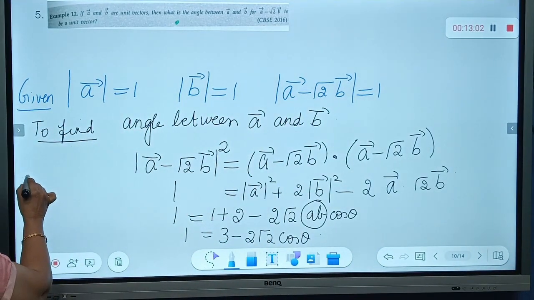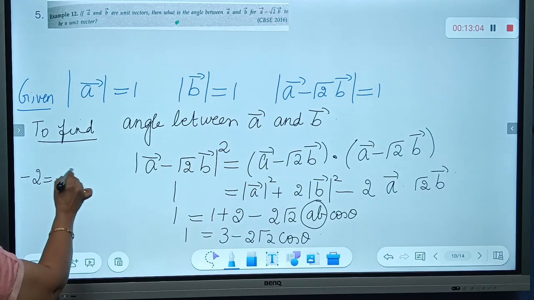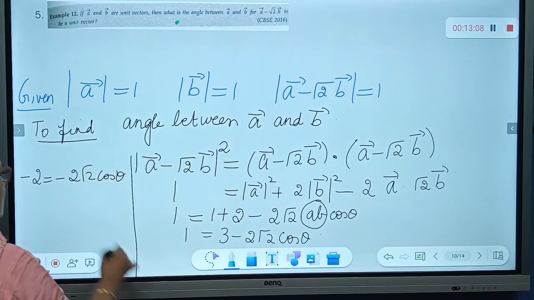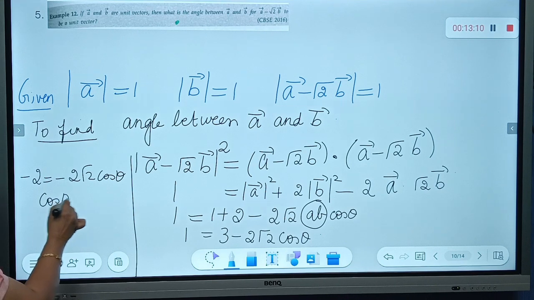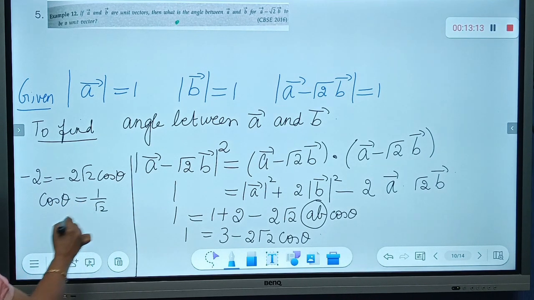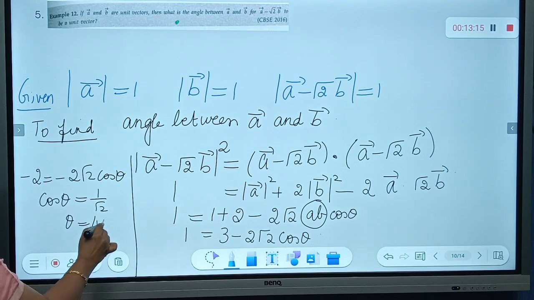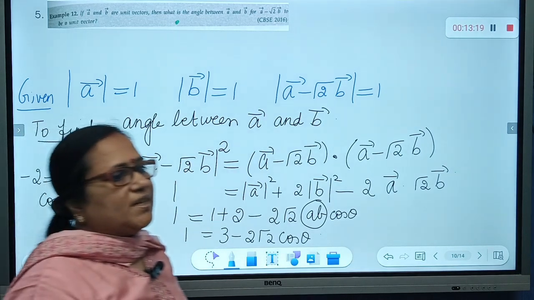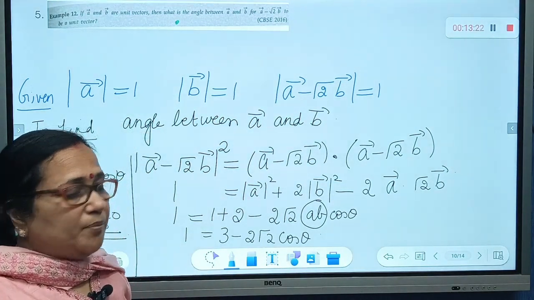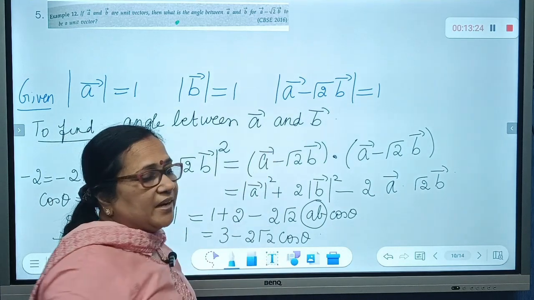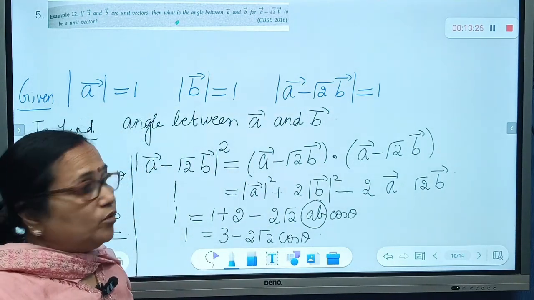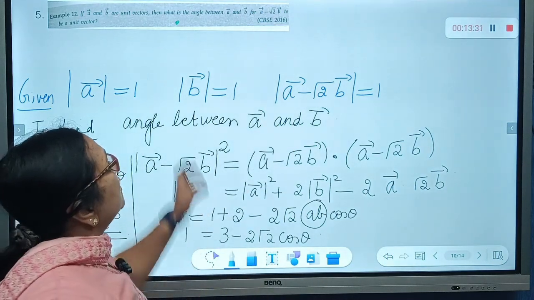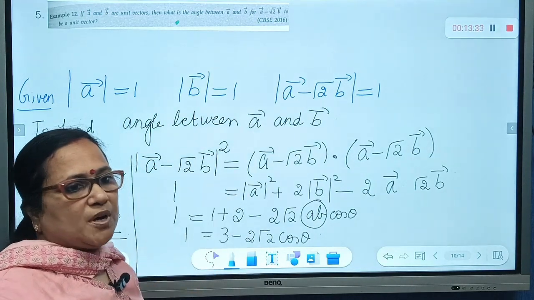So, minus 2 is equal to minus 2 root 2 cos theta, which implies cos theta is equal to 1 by root 2, or theta equal to 45 degrees. So, this is the technique in the last 3 sums that we have been doing. Whenever you encounter a sum or difference of two vectors, look at its square. When you simplify that, then solving such problems becomes very easy.